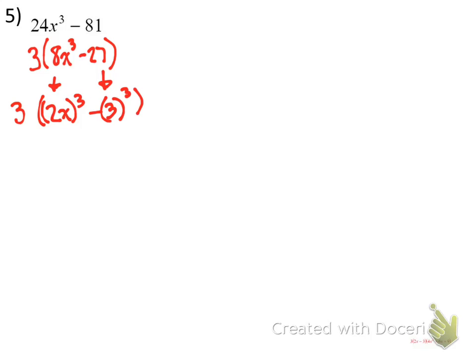Okay, so factoring it out, we got 3 times the quantity of 2x minus 3 times the quantity of 2x squared, which is 4x squared, plus a times b, 2x times 3 is 6x. And b squared is going to be 9. Oop, that's a big plus sign.